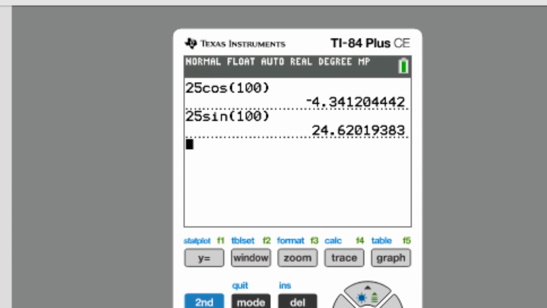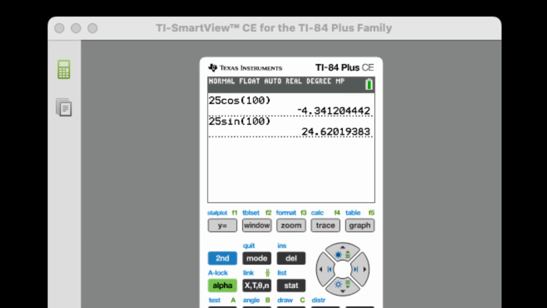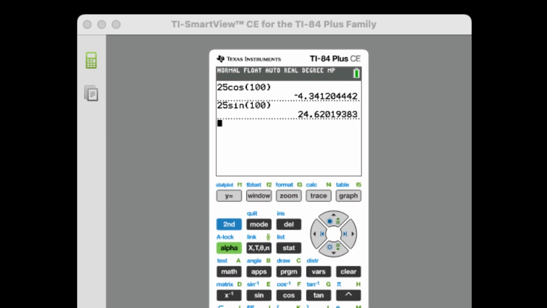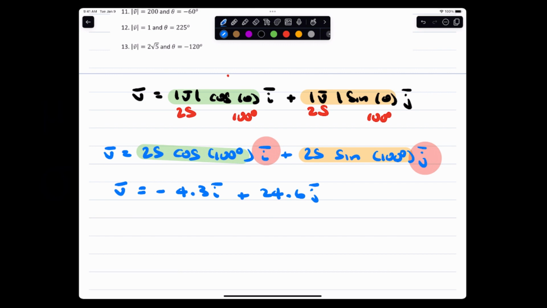Oops, you guys haven't been seeing what I've been entering, but okay, you can see part of it. I want you to see all of that if you can. So what is this going to be now to the tenth? Your vector is going to be negative 4.3i plus 24.6j.